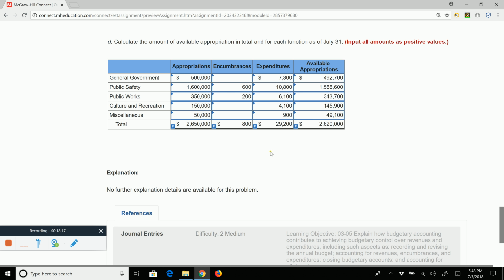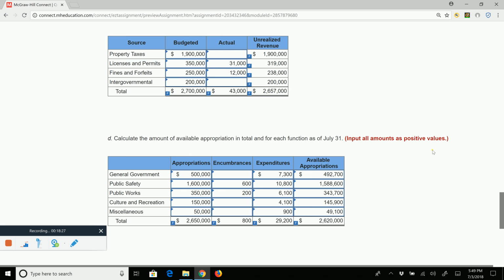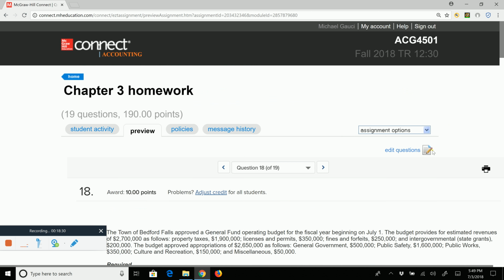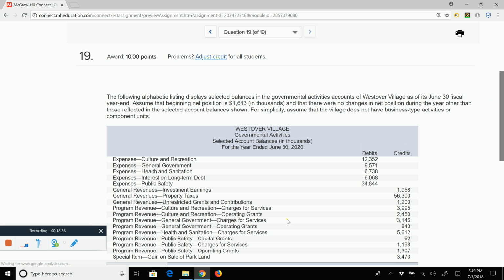All right, so all of these homework problems that we've looked at so far have to deal with the governmental fund using modified accrual basis accounting. Now I want you to flip the switch in your brain to do this last problem.